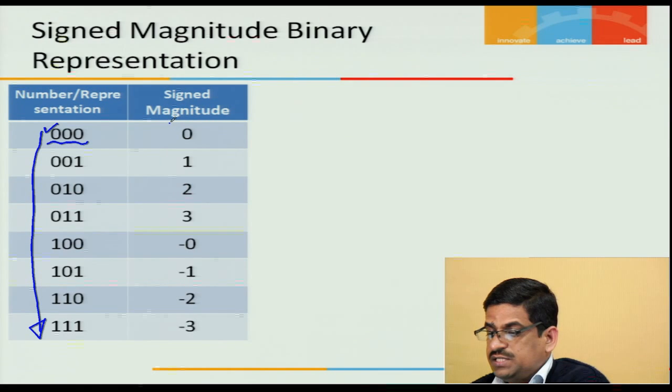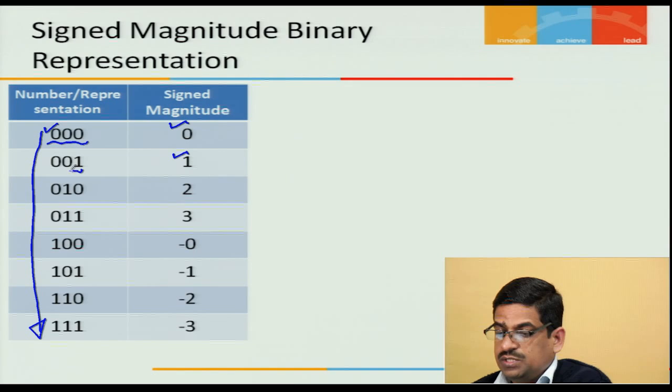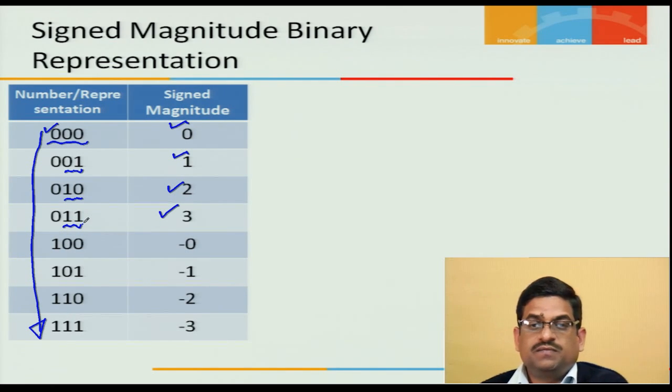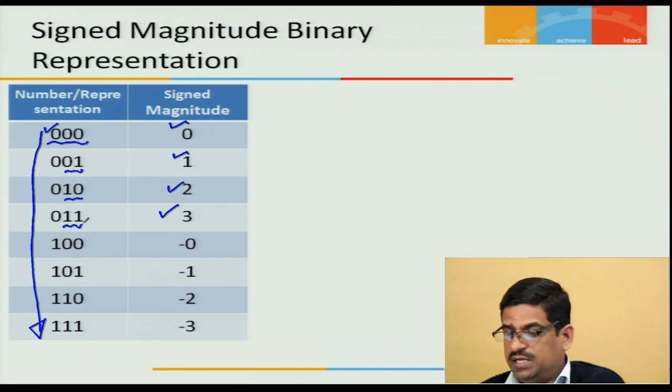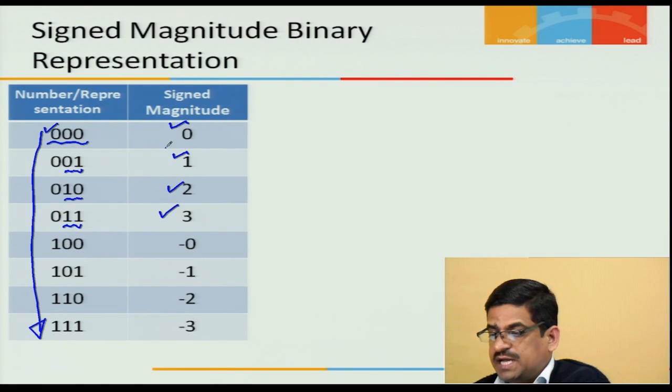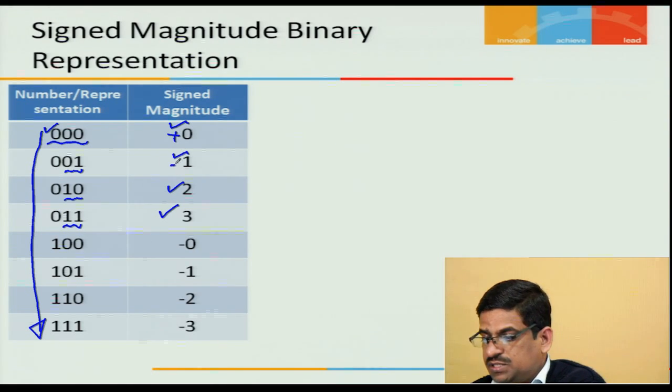The first is 0, the second is equivalent to 1, and this one is equivalent to 2. For 1 1, the decimal value is 2 raised to the power 1 plus 2 raised to the power 0, so 2 plus 1 is 3, and the sign is 0. So plus 2 and plus 3; no need to write the plus sign.